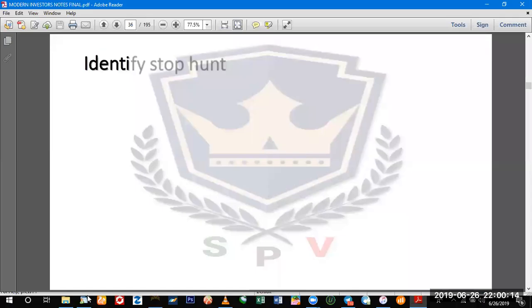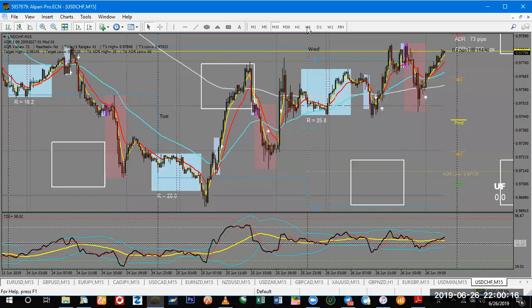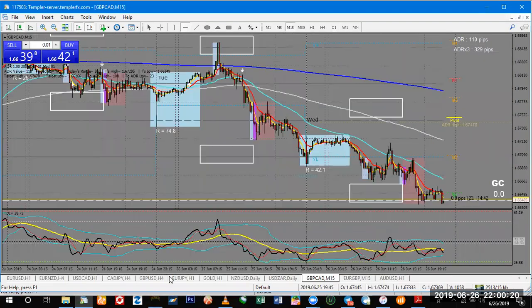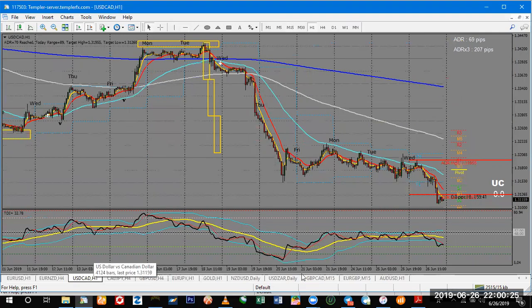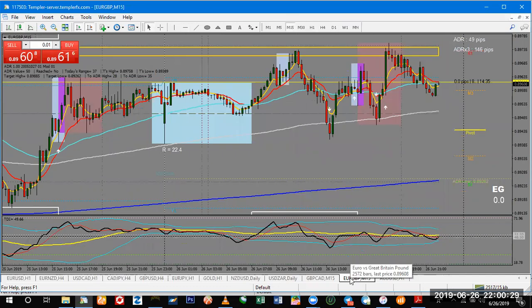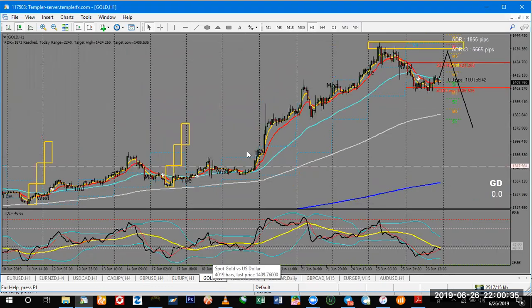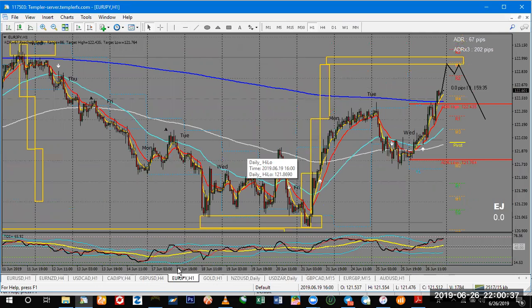Let's take a look at the chart. Today there was a stop hunt, and the market moved straight away.